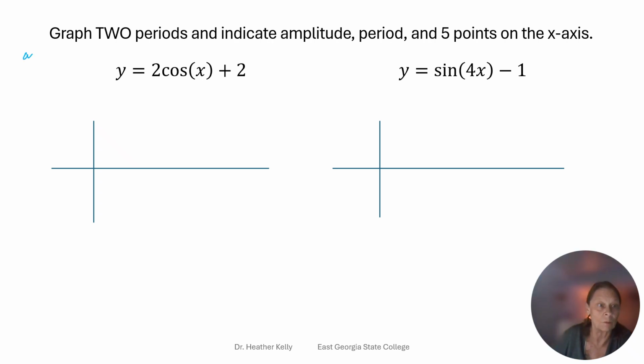Let's get what we need here. Our amplitude is 2. That means we're going to go from negative 2 to 2. Our period is equal to 2 pi divided by 1, so 2 pi. There is no phase shift.